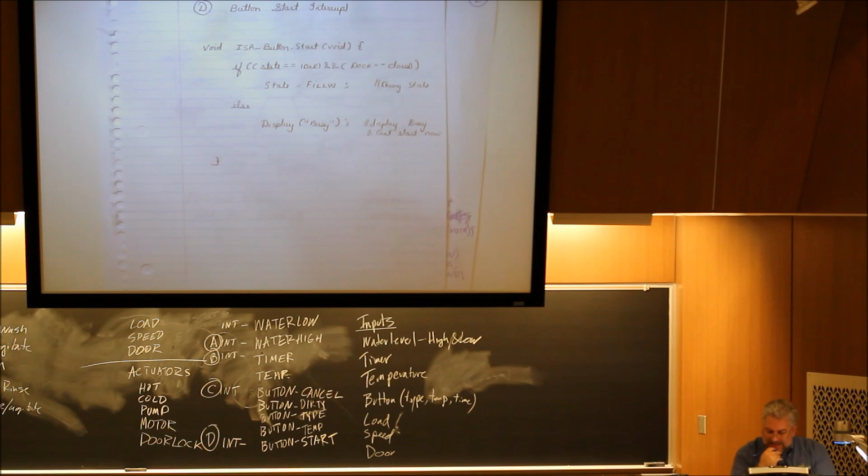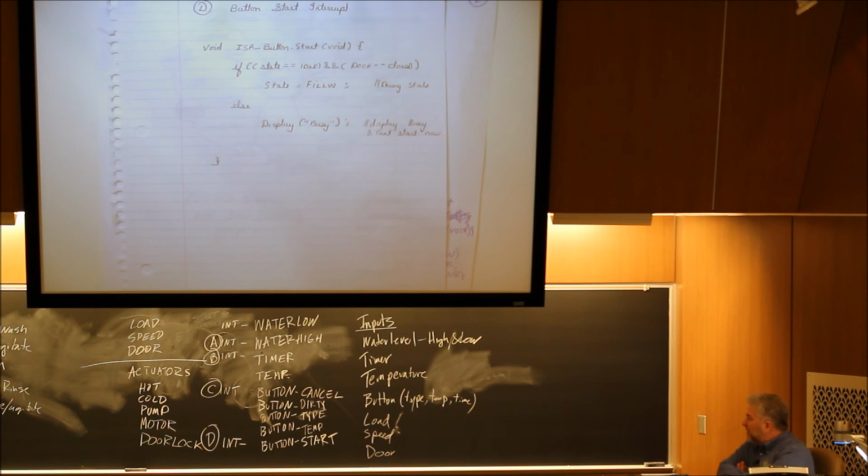Okay. Now I guess the question comes down to who's going to handle turning on the water or identifying what the washing state is. So there's a whole bunch of things that we haven't addressed in any of these interrupt buttons.